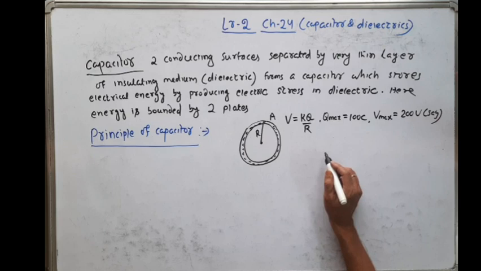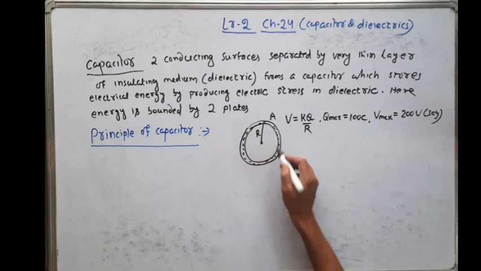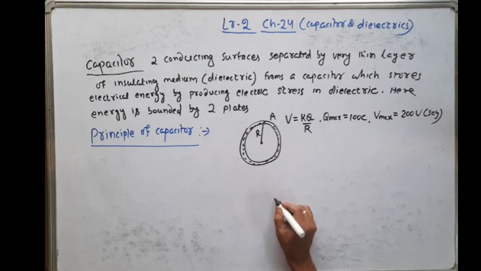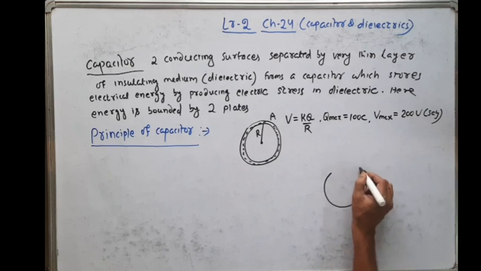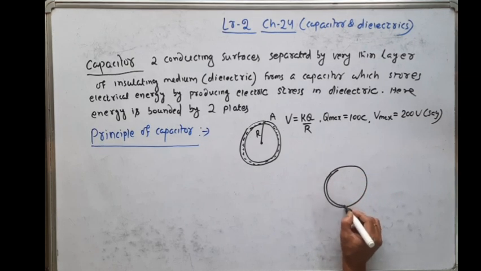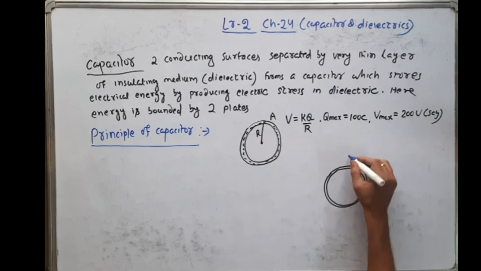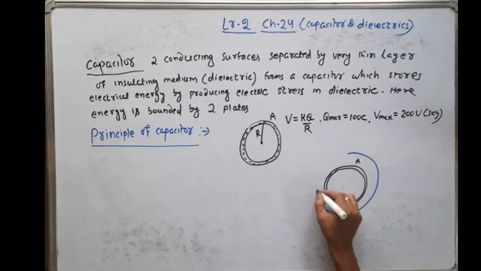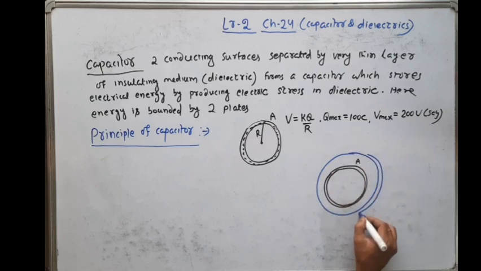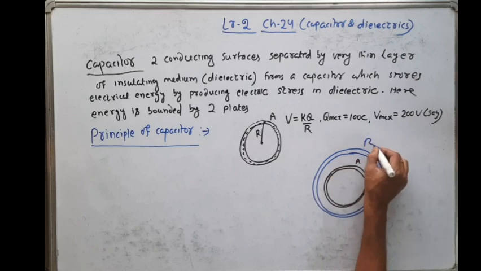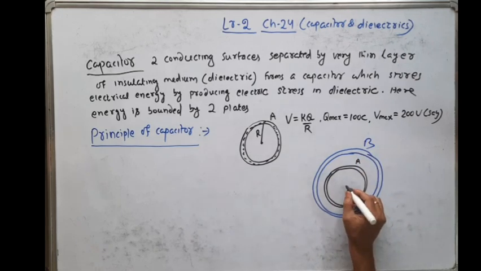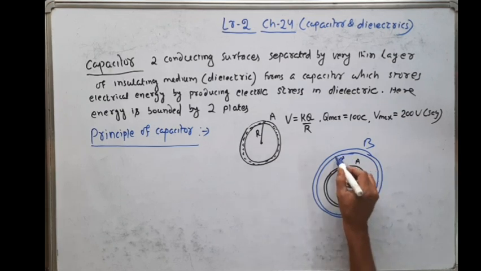Now, instead of this one conductor, I will take another conductor B. Suppose this is the A conductor we had taken initially. Surrounding this A conductor, I will take another spherical shell, that is B. The radius of sphere A is a, and the radius of sphere B is r dash.